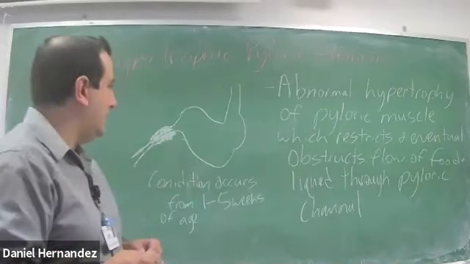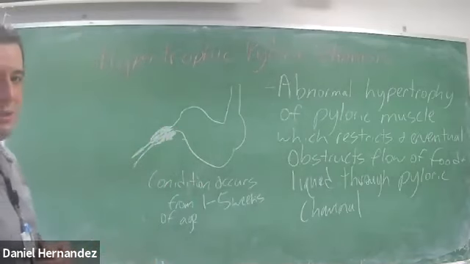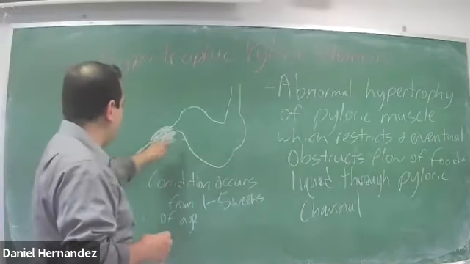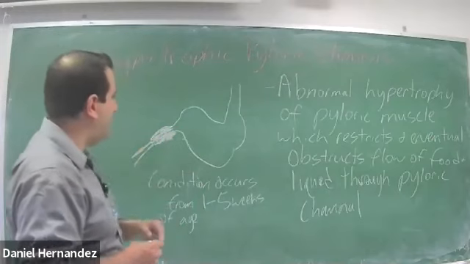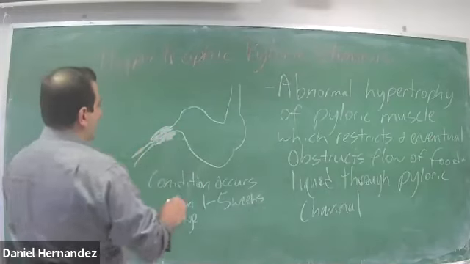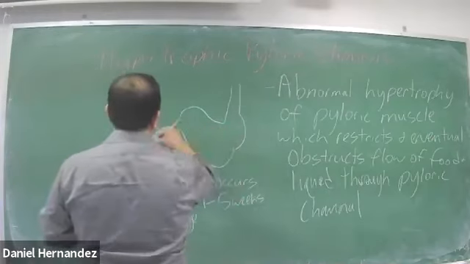And once it reaches a critical thickness and severely limits flow through that channel, when the baby eats, it's not passing through.